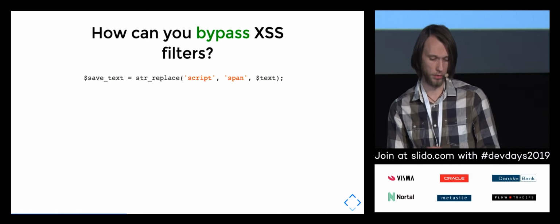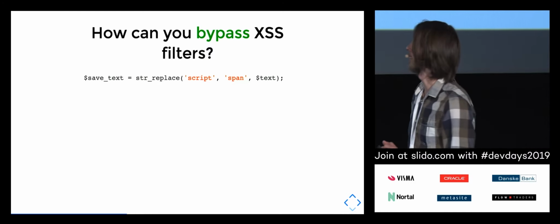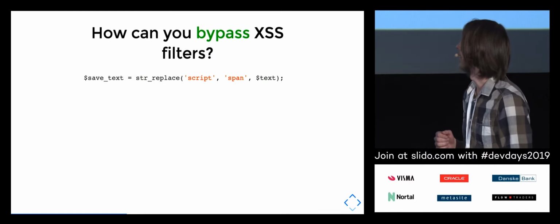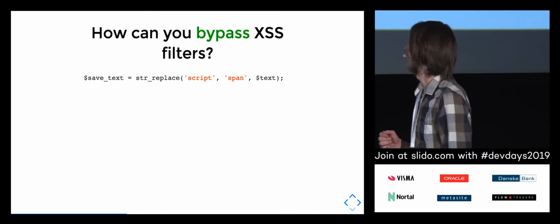Speaking about own sanitizers, here is one from good old PHP, again taken from a real project. How could you prevent such a situation?